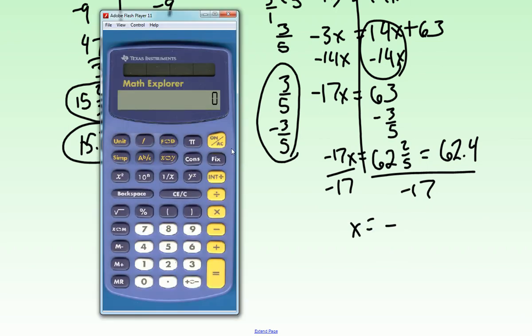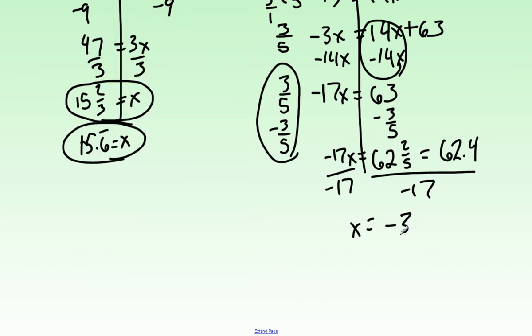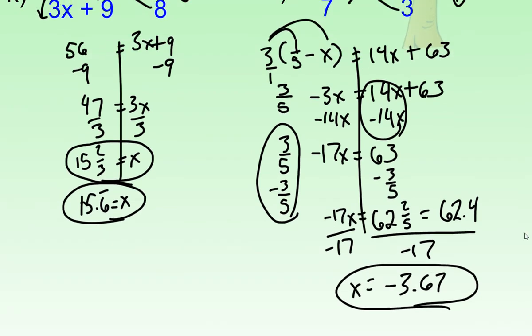So let's see. 62.4 divided by 17 negative equals, ooh, yummy, negative 3.67. No dot, dot, dot. That makes it look like it's repeating, but it's not. So about negative 3.67. Again, ugly answer, but that's okay.